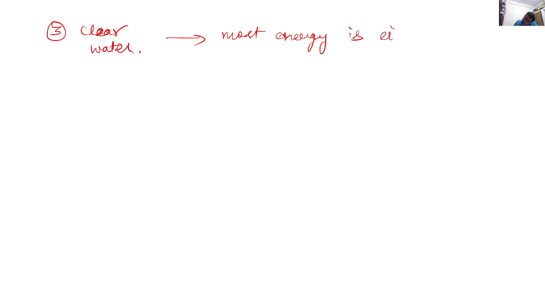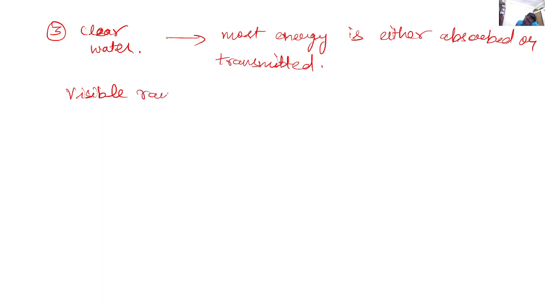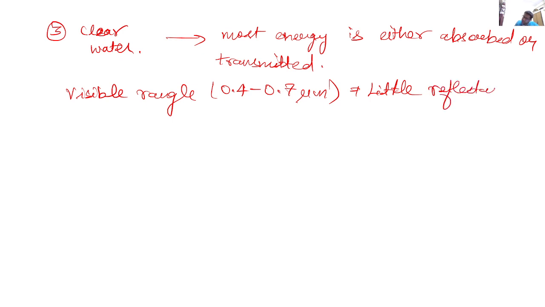So clear water, most energy in this case is either absorbed or transmitted. In visible range, that is from 0.4 to 0.7 microns, little reflectance is still observed, which I showed just a few seconds ago.